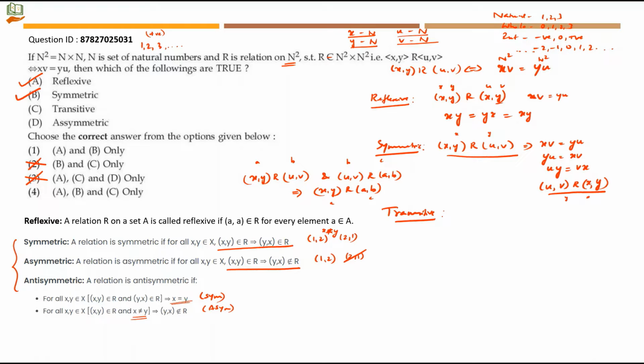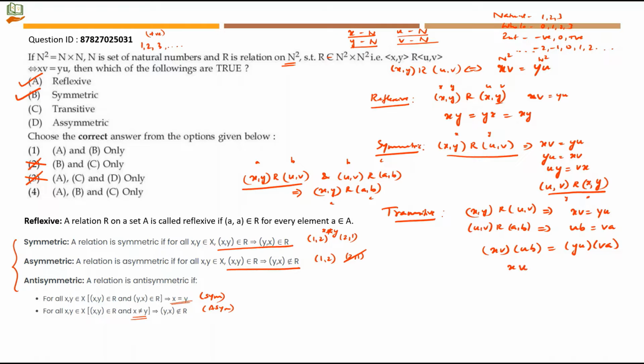So let's go with the first part, (x, y) relation (u, v), which states that xv is equal to yu. Then we have (u, v) relation (a, b), which states ub equal to va. Now we'll just equate both the things.